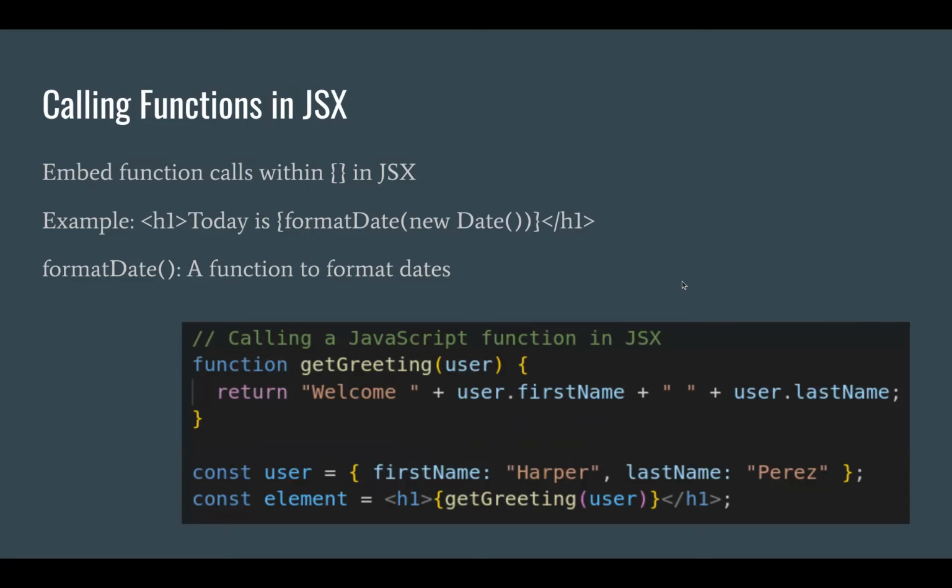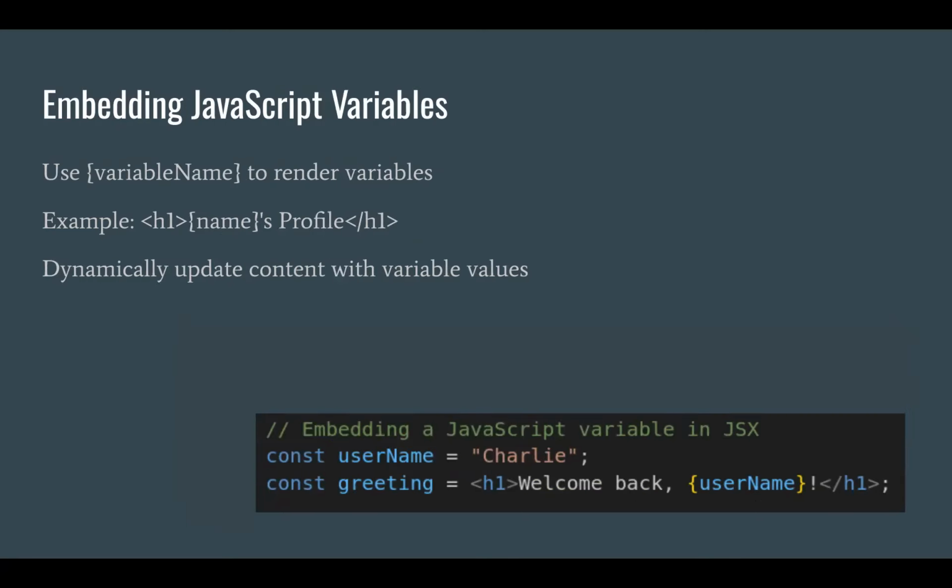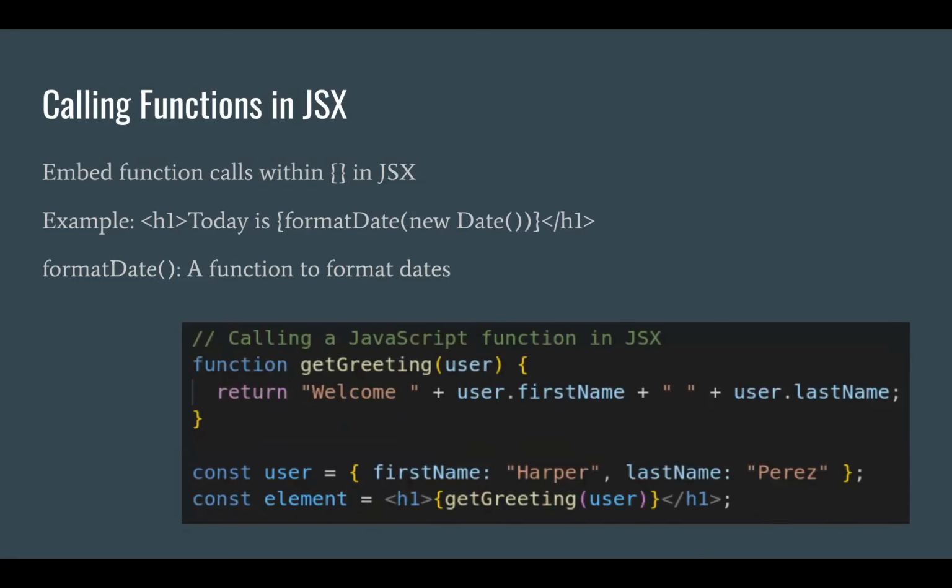Calling functions in JSX. So we've looked at rendering variables. It is possible to call functions in JSX. Say you want to format a date or filter a list or perform a calculation. You can do everything within the JSX markup.